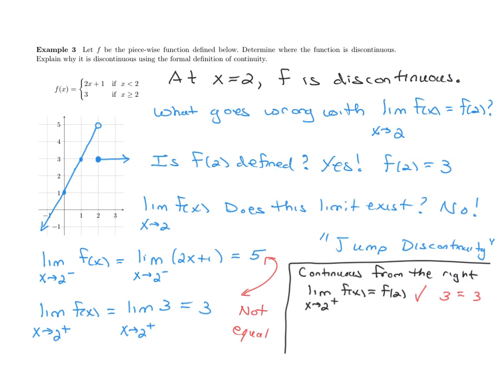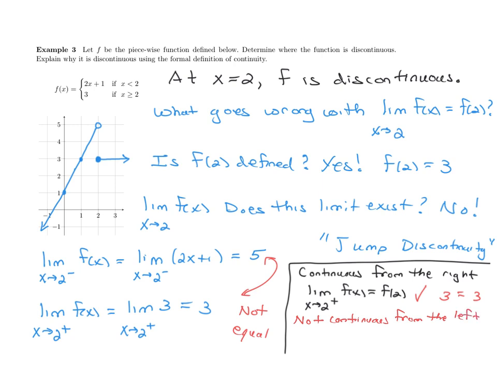You could ask the same thing about continuous from the left. Is this thing continuous from the left? And the answer is no. The limit on the left is 5. The value of the function at 2 is 3, and those two things are different. So I'll say this is not continuous from the left.